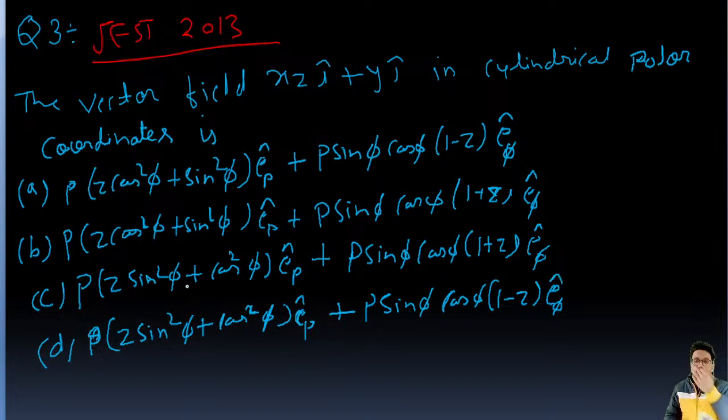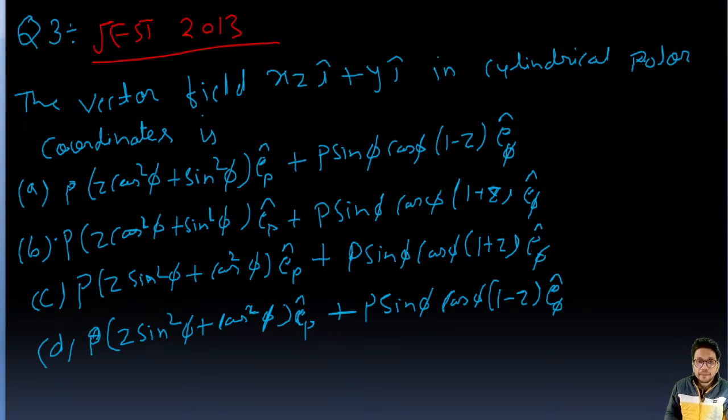So we need to convert. We have been given a vector field in Cartesian coordinates, and we need to find this vector in cylindrical polar coordinates. Very good question, and it was asked in JEST 2013.